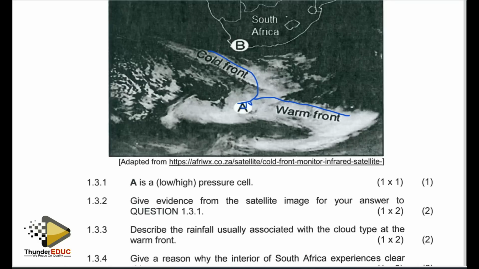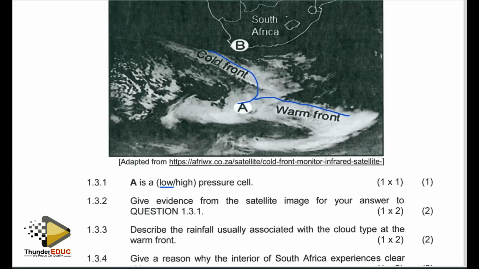So the pressure system that develops here, where the cold front has caught up with the warm front, is a low pressure. That is the correct response for that question. Let's try to figure out the other questions which follow after this.